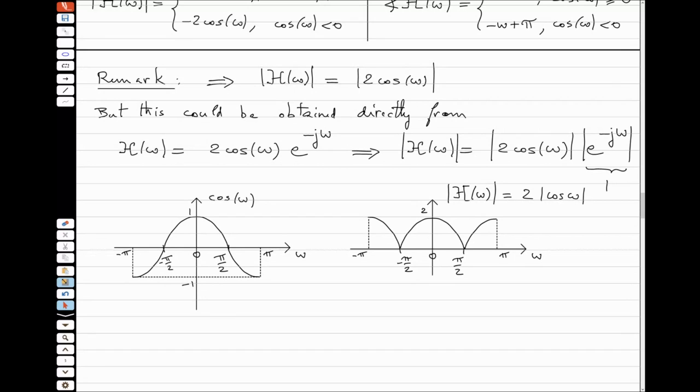The question is, you remember we expect to obtain an even function. Is it even? Is it?